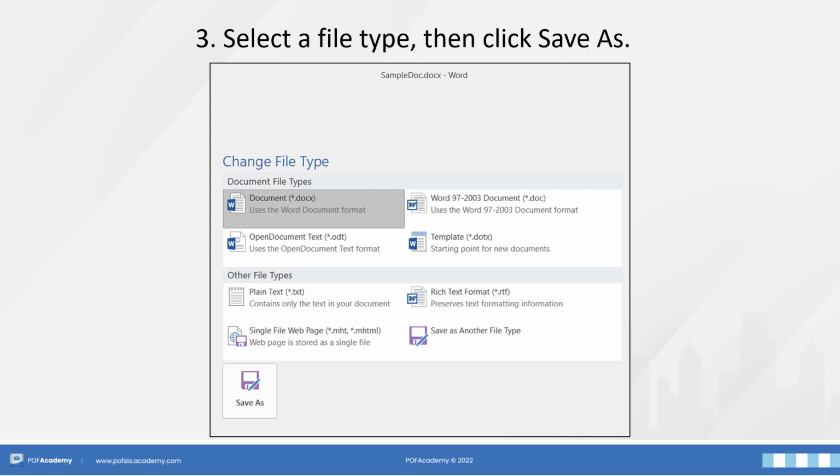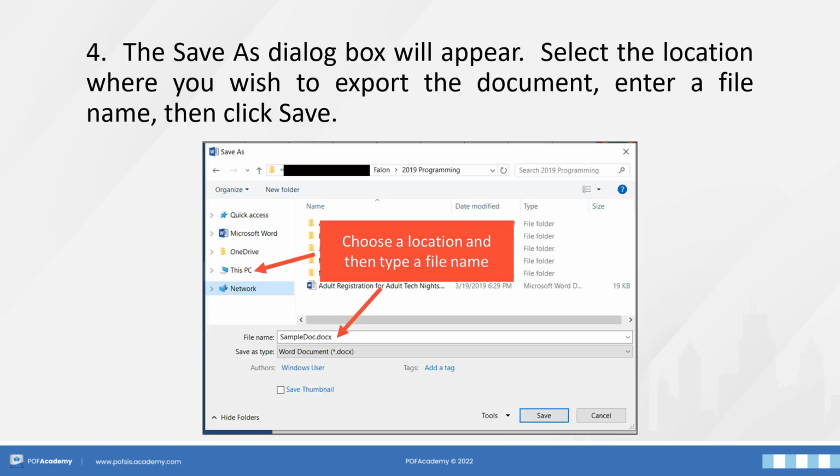After you select Change File Type, you will see this format. Select a file type, then click Save As. After you click Save As, a dialog box will appear. Select the location where you wish to export the document, enter a file name, then just click Save.